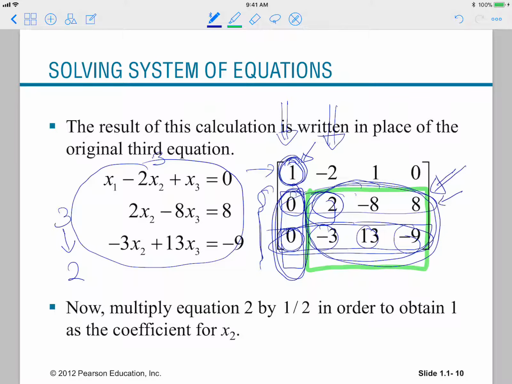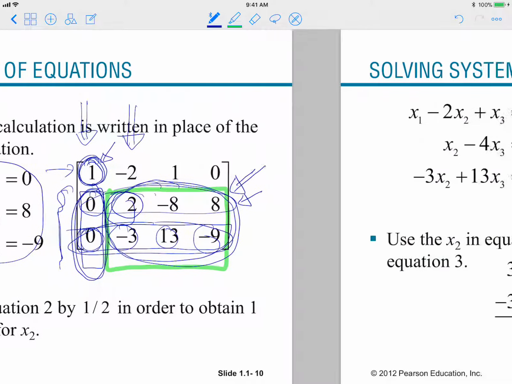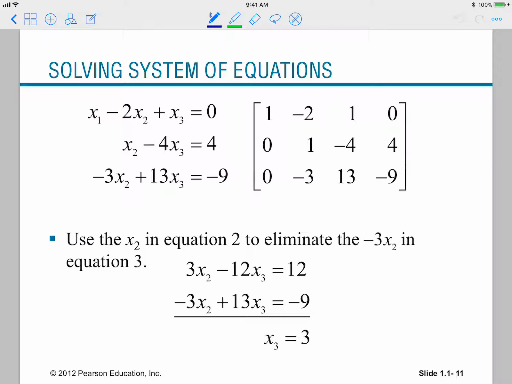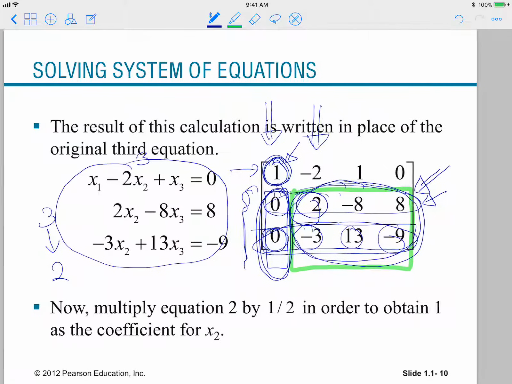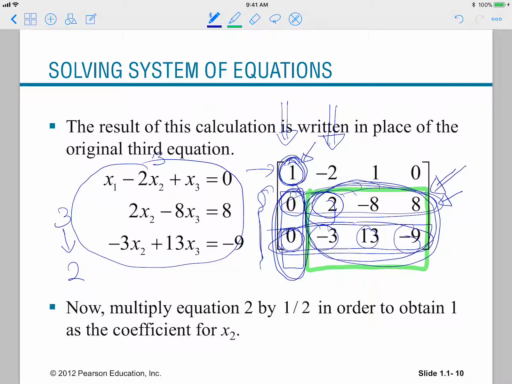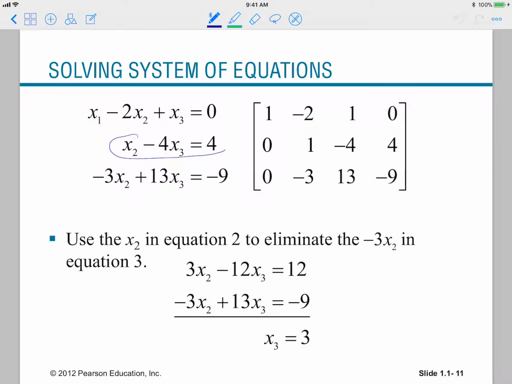And then in this equation, we first do the scaling. We just divide this equation by 2, and then we will obtain this equation, and thus our augmented matrix will now have a new column like this.